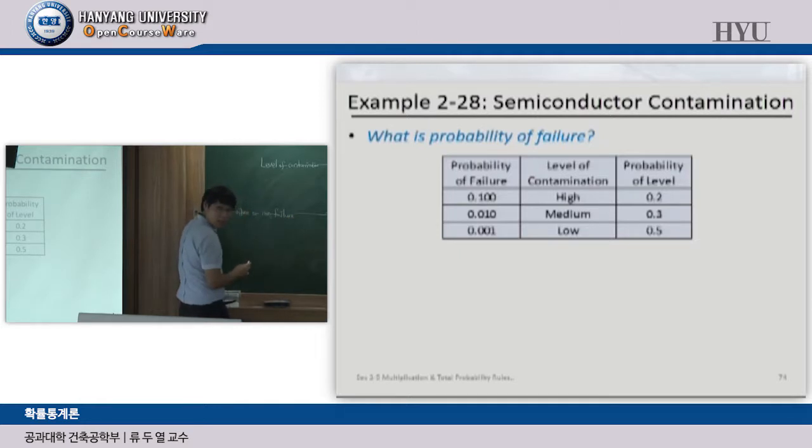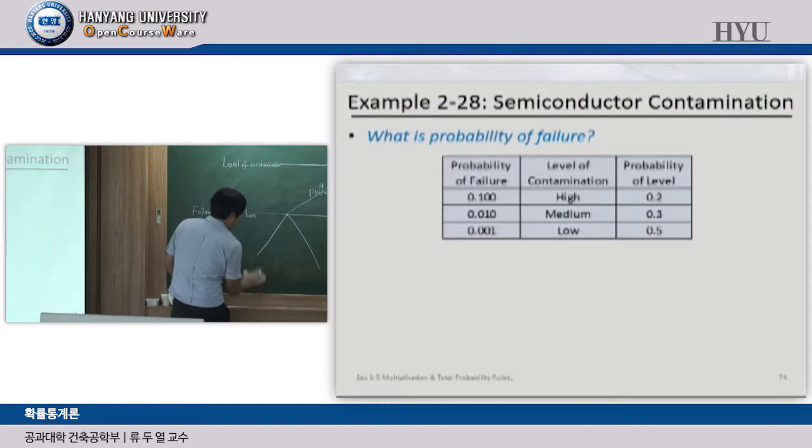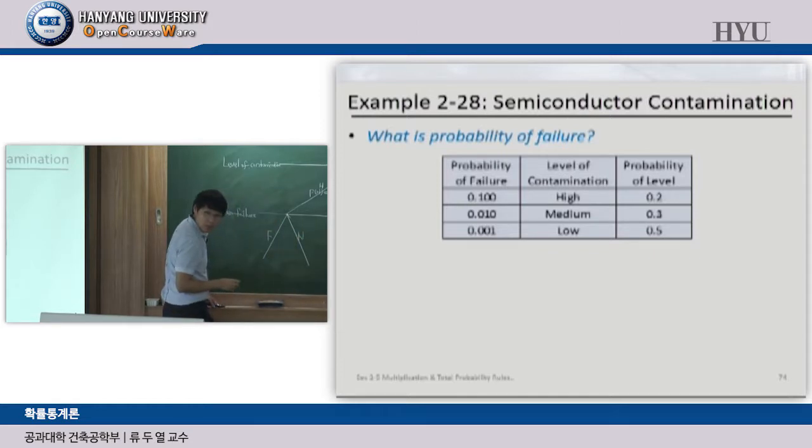Okay? We have two options. First one is the failure or non-failure. So in this case, we have two options. First one is the failure, F, and the other one is non-failure, okay?